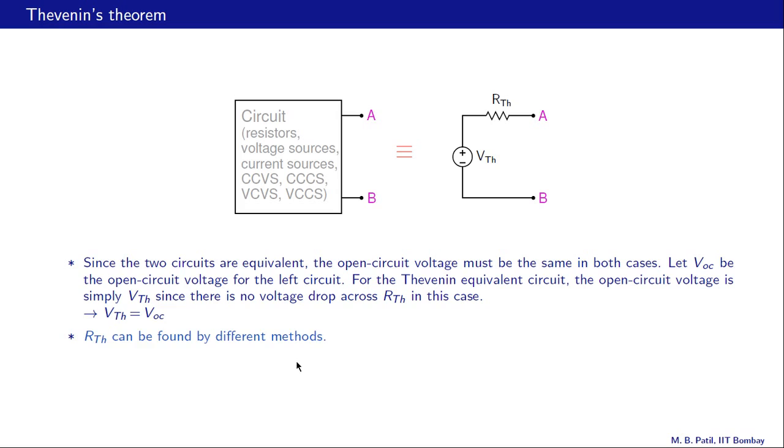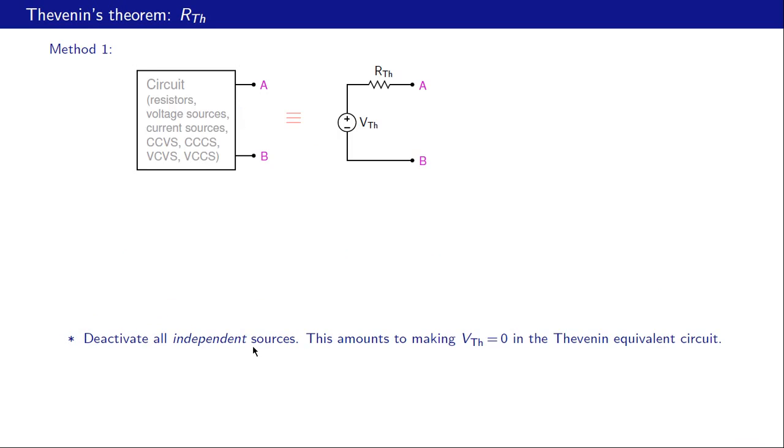What about RTH, the Thevenin resistance here? That can be found by different methods, and let us see what those methods are. Method 1, here is our original circuit, and that is the Thevenin equivalent representation. What we do is deactivate all independent sources in the original circuit, and we do the same thing in the Thevenin equivalent circuit as well.